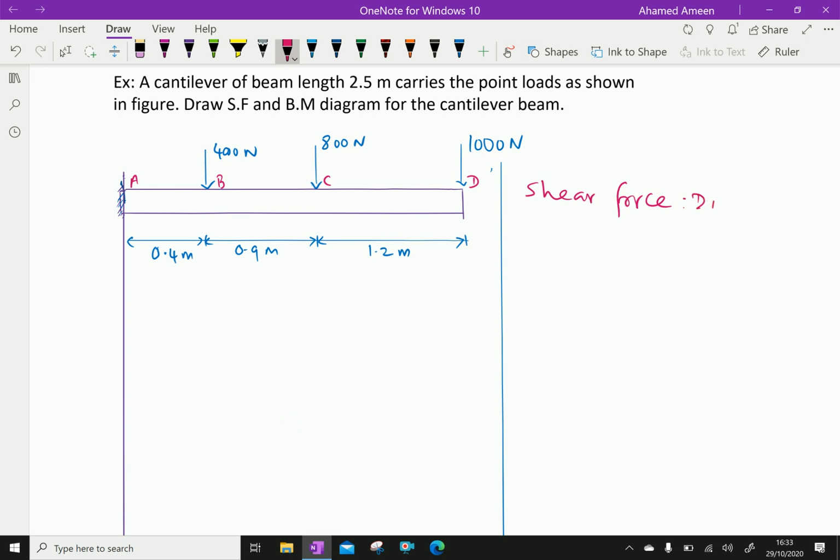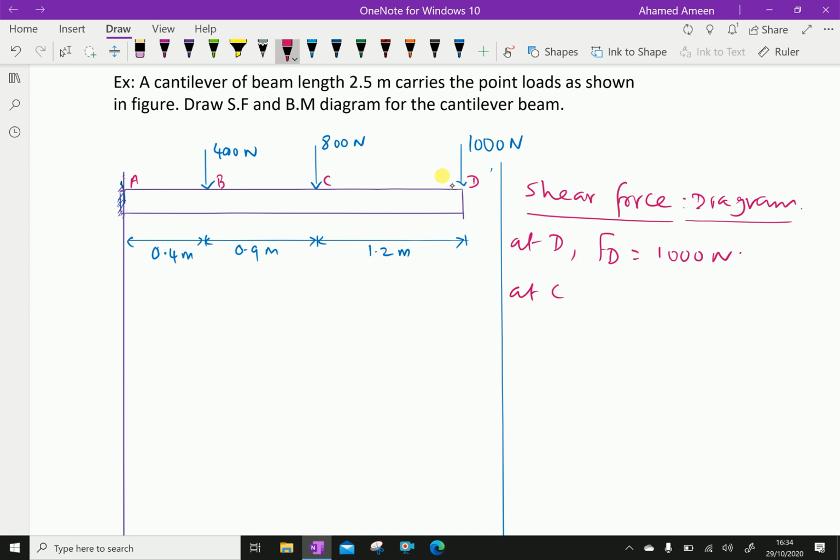Shear force diagram. At point D, shear force FD equals 1000 Newton, positive 1000 Newton.